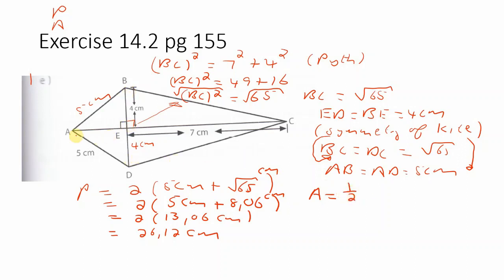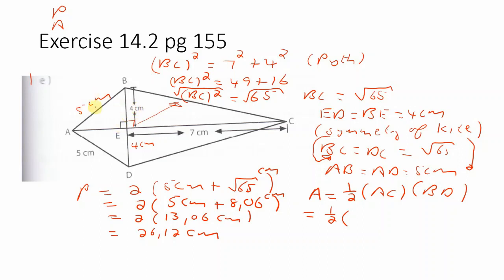So it's half times AC times BD, which is equal to a half times AC. Okay, we will have to first calculate AC, but we can use the properties of Pythagoras.